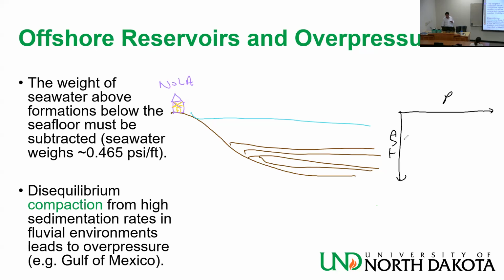First, you put the density of the seawater, which we said is constant, 0.465. So for the water, we have this. We start from atmospheric, 0 PSIG.